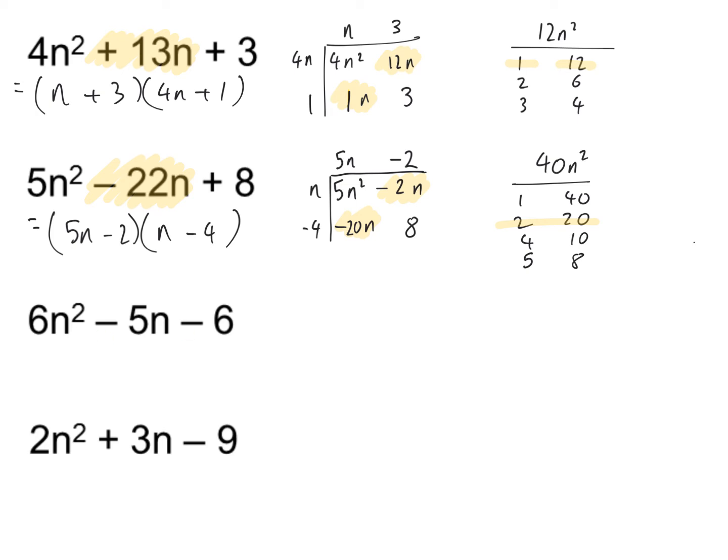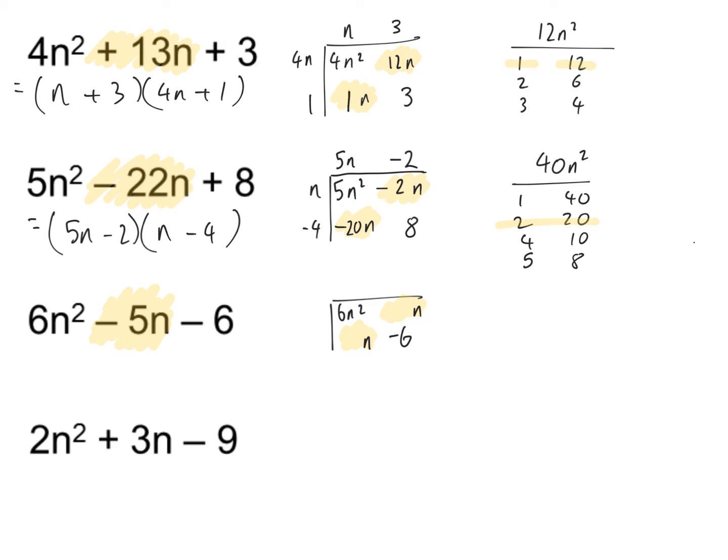Next one, a couple of negatives in here, but we still go about it the same way. I know 6n squared would be the top right, negative 6 would be the bottom left. In this box, I'm going to have some n's, which will combine to give me negative 5.